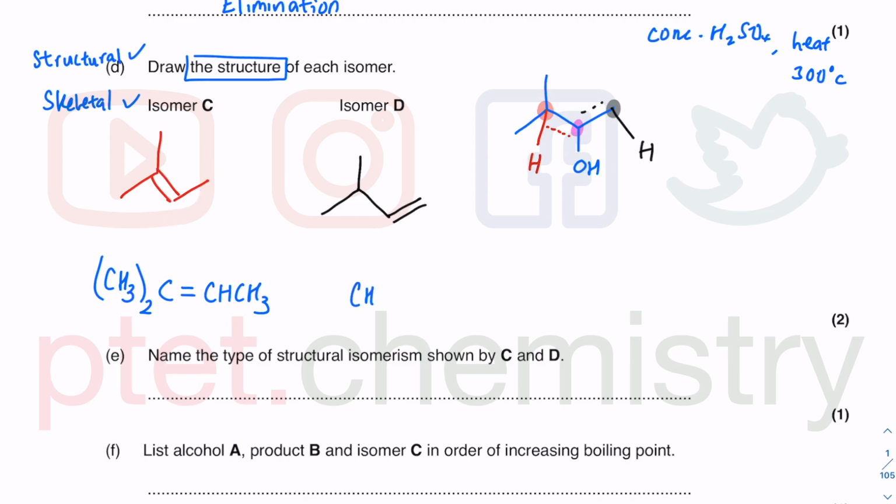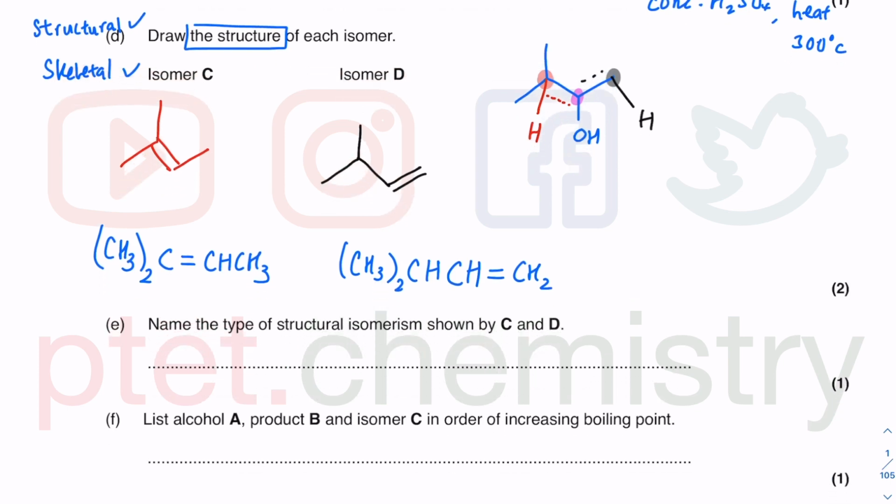On the other hand, I have CH3 twice, CH, because it has 3 covalent bonds so 1 more hydrogen, and then the other one is also a CH, and then a double bond, and then a CH2. Could be the other way around, doesn't matter, but essentially I'm just reading off the skeletal formula for the structural formula. They didn't ask for structural or skeletal or displayed. You can get away with drawing any of them.